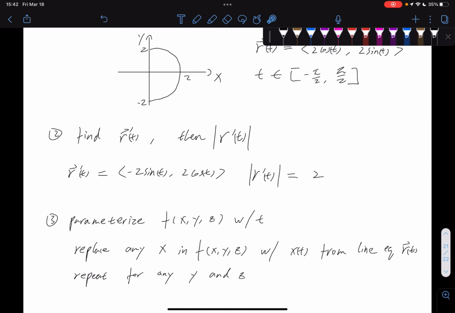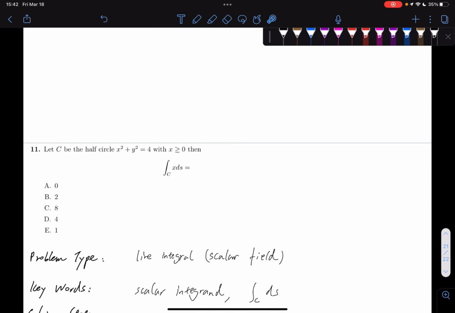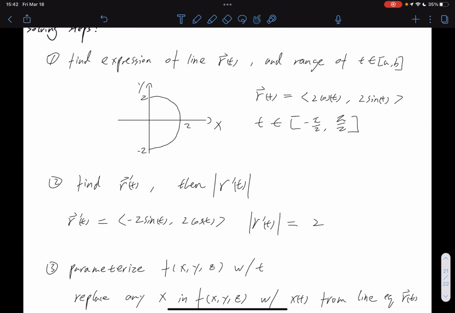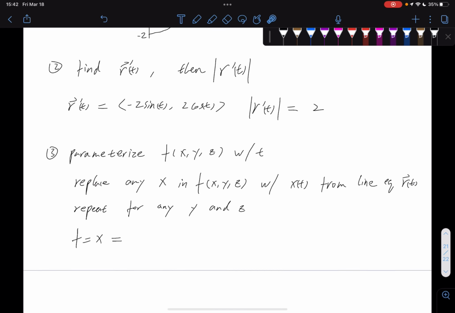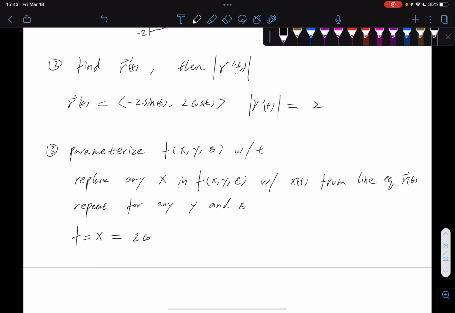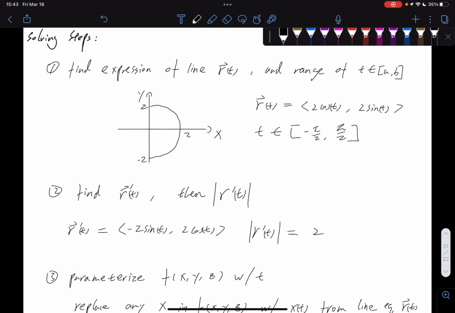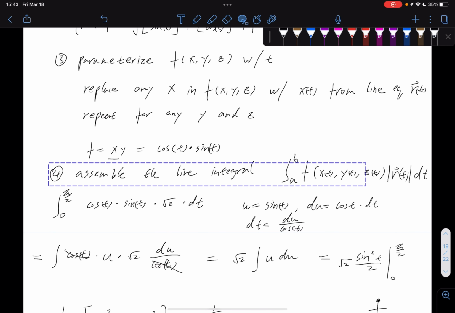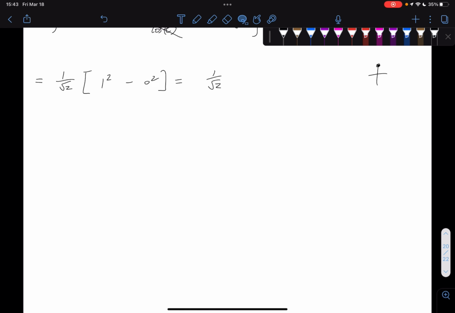So our integrand is f equals x, and because the x coordinate of the line equation is 2 cosine t, we replace x with 2 cosine t. And then step number 4, assemble the line integral in a standard equation.